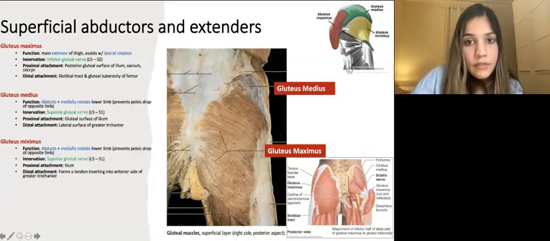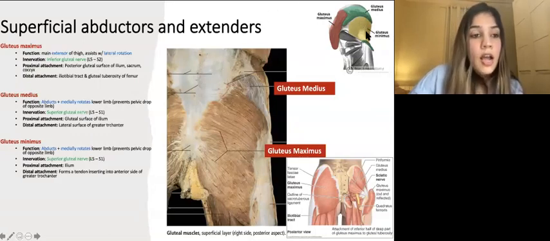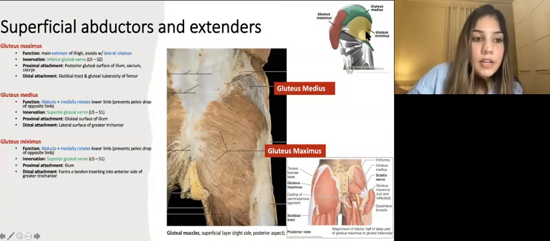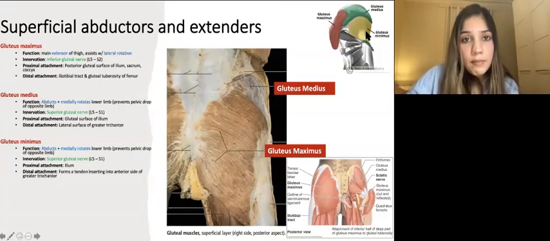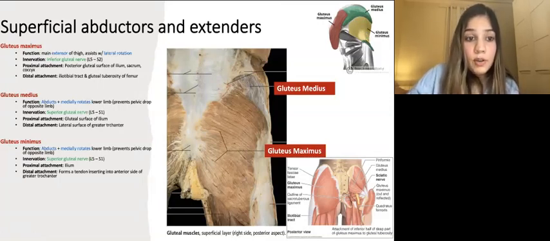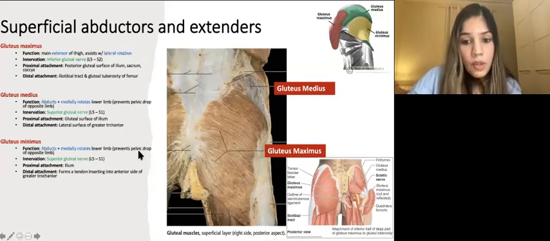And then you have the gluteus minimus, which can't be appreciated on this image. You can appreciate it here. And the function of it is to abduct and medially rotate the lower limb, and both the gluteus medius and the minimus are important in preventing a pelvic drop of the opposite limb.